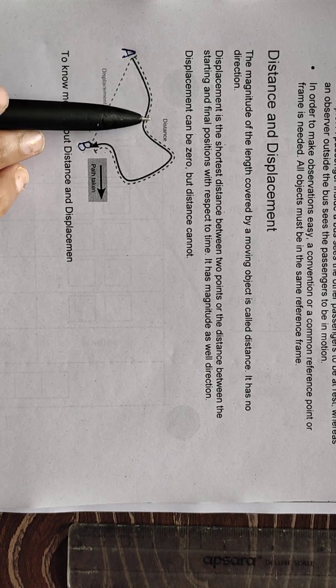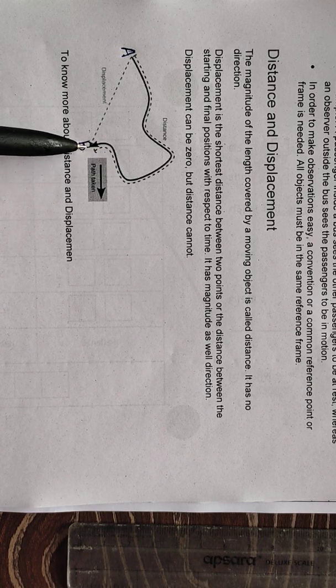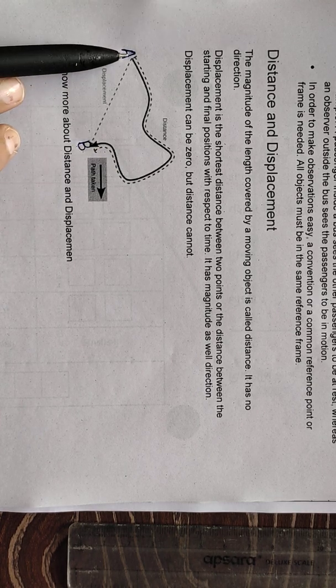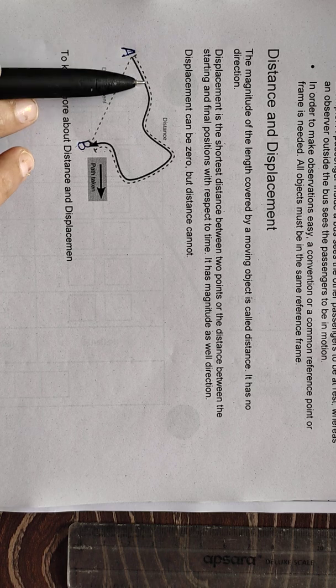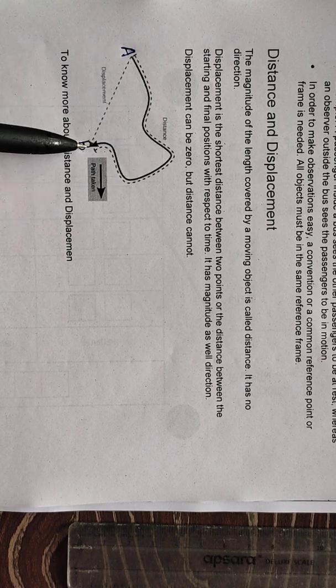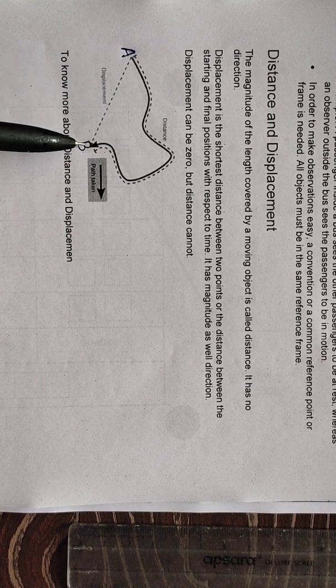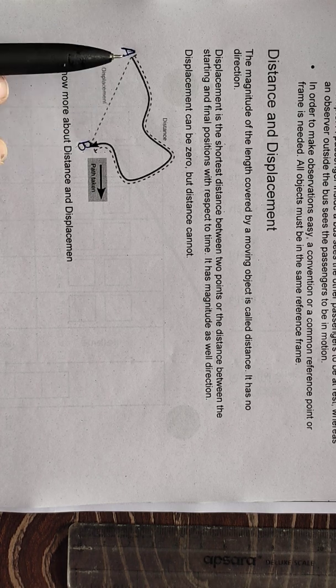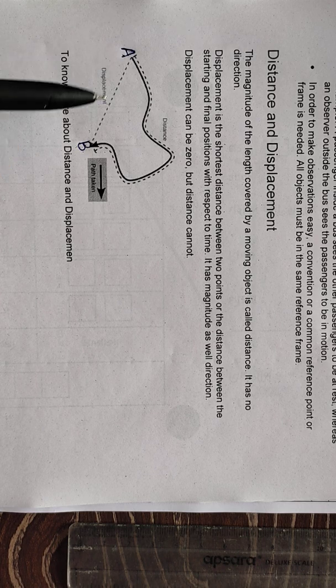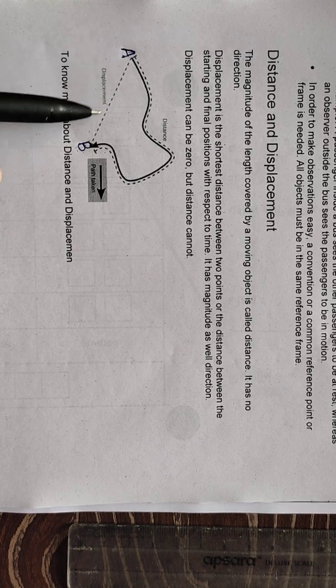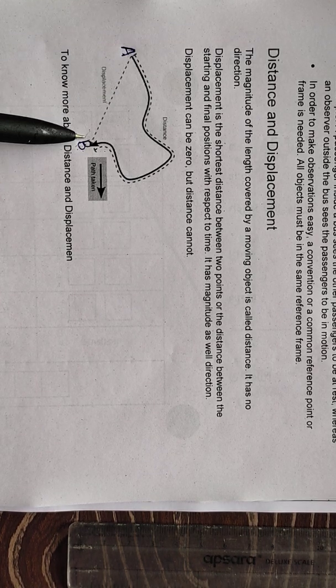So the total distance covered by a person to travel from point A to point B can be considered as the distance. And the straight line, or we can say the shortest path traveled by a person from the initial position to the final position, is what we consider as the displacement.